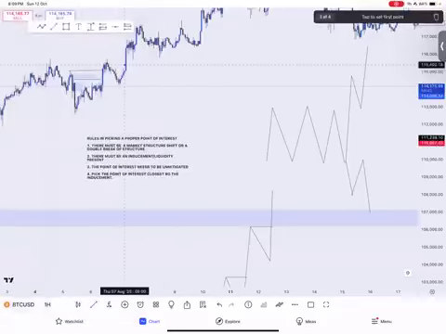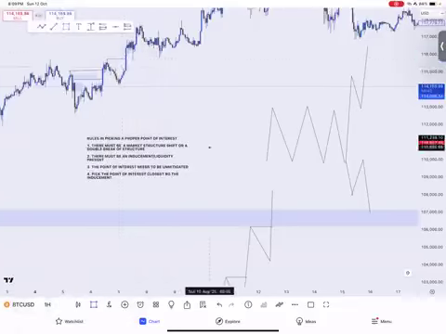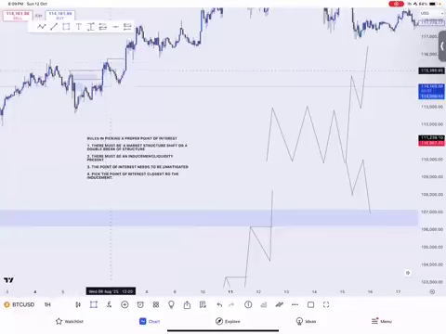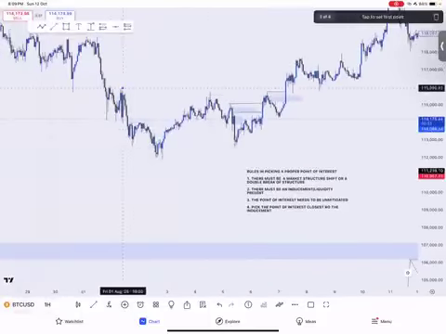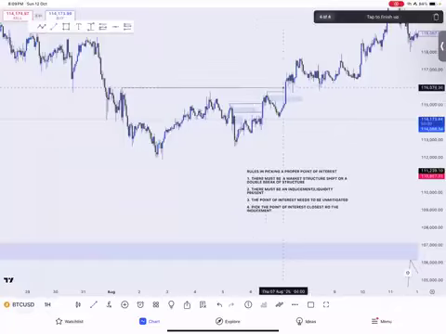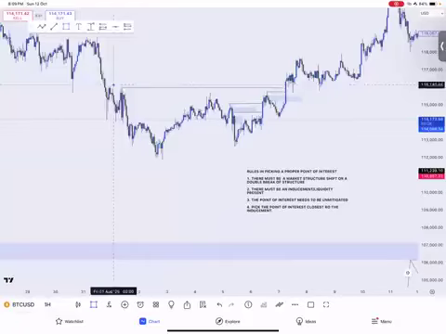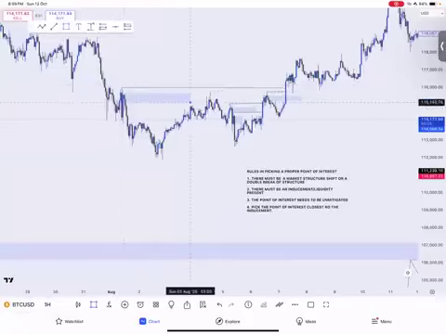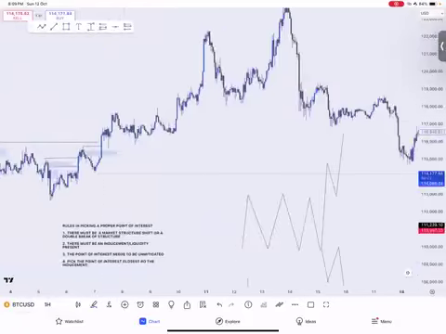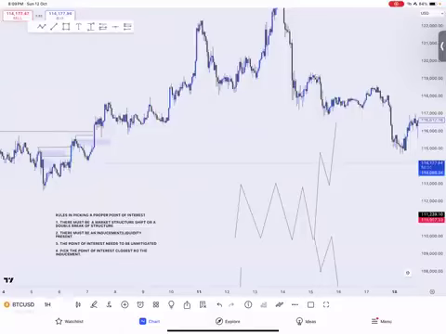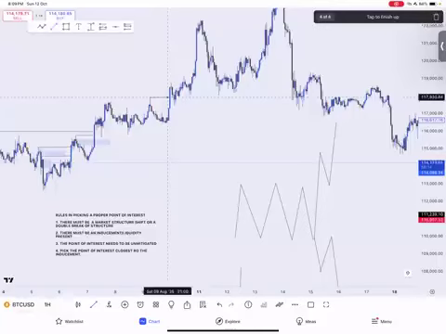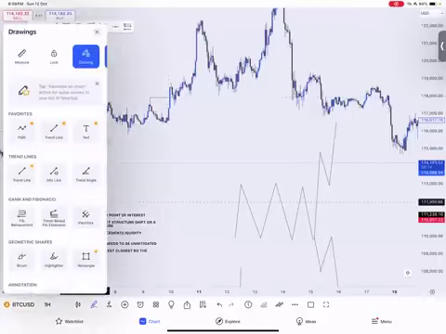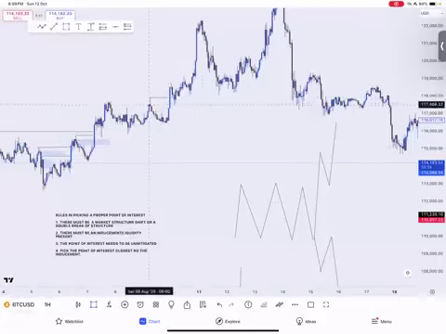The same thing, the moment this high was taken out, the body of this high becomes a breaker block.